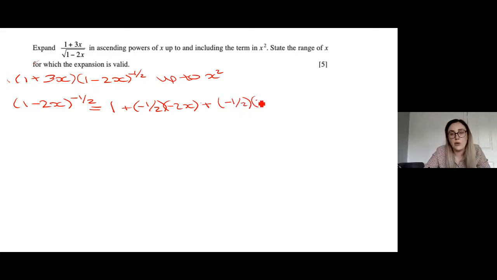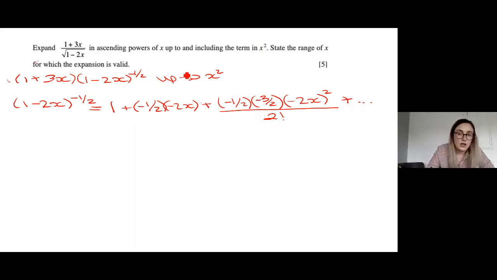Minus a half take away 1 is going to give me minus 3 over 2. And then I've got minus 2x, and all of this needs to be squared. So I always need to include whatever is attached to my x over here. And that's going to be over 2 factorial. And then the expansion carries on, but I don't need to concern myself because I'm only looking up to x squared.